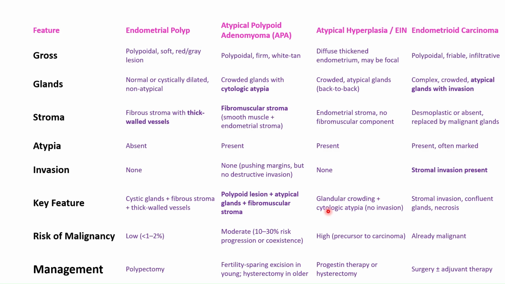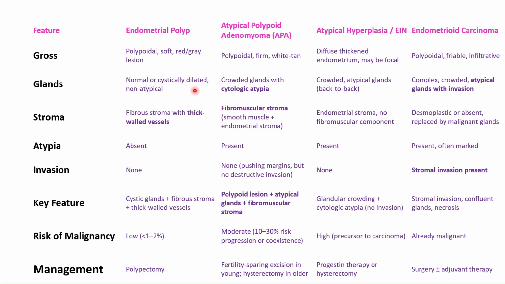So now we have seen the morphology of endometrial polyp and atypical polypoid adenomyoma. How will you differentiate this from atypical hyperplasia or EIN or endometrioid carcinoma? Grossly, the first two are polypoidal in nature, while atypical hyperplasia or endometrial intraepithelial neoplasia shows diffusely thickened endometrium, and carcinoma shows a polypoidal mass or friable or infiltrative tissue.